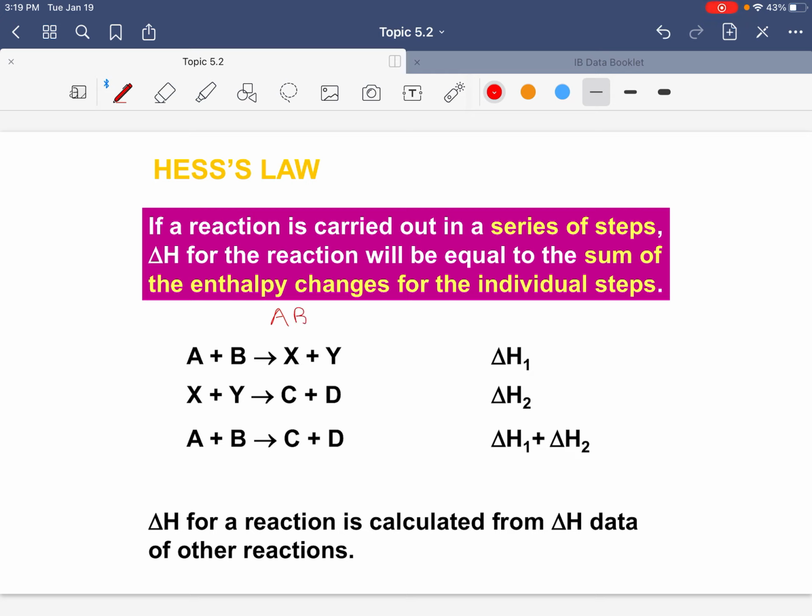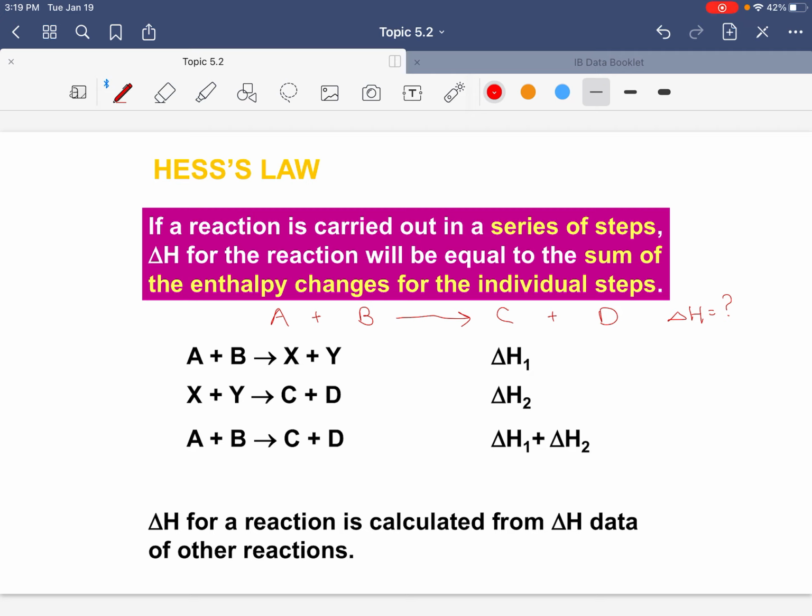You're hoping to do a reaction where you take A plus B, and this will go through some sort of double displacement or something to give you C plus D. And you want to know what the delta H is for that. You want to know if that will be exothermic or endothermic. If it is, how much, man?